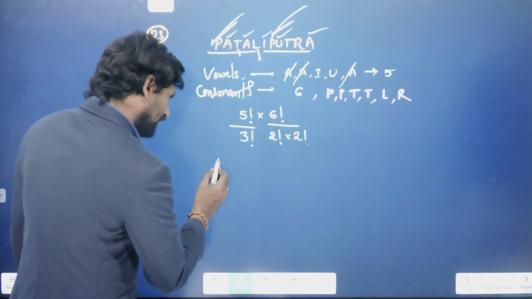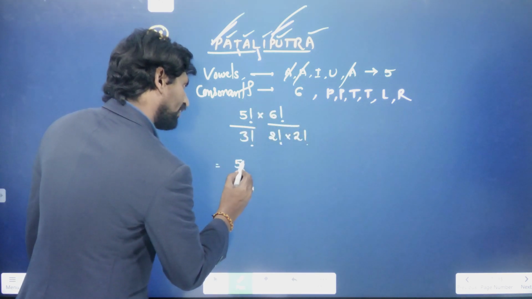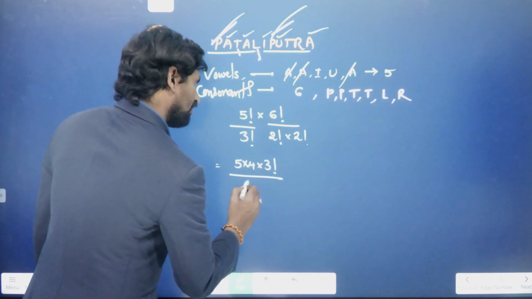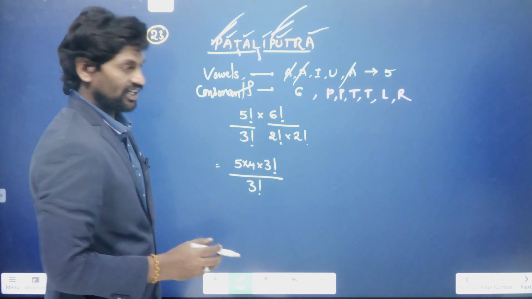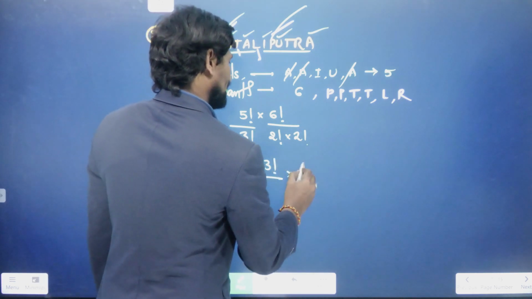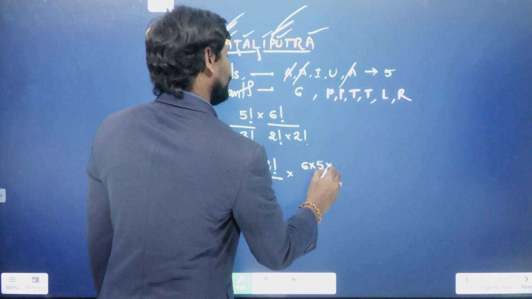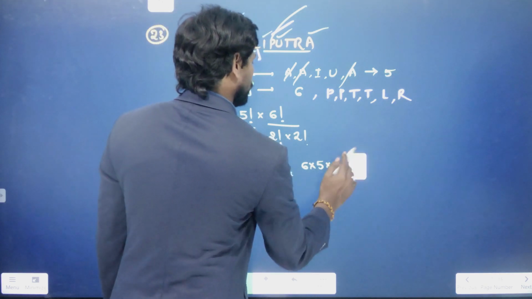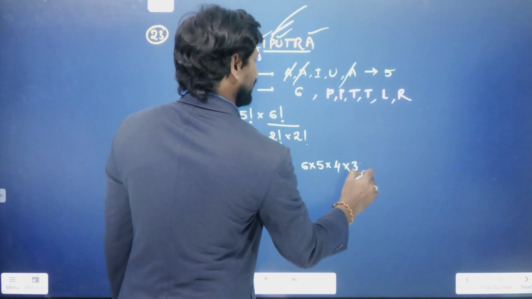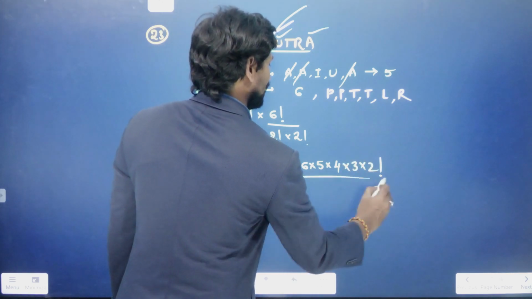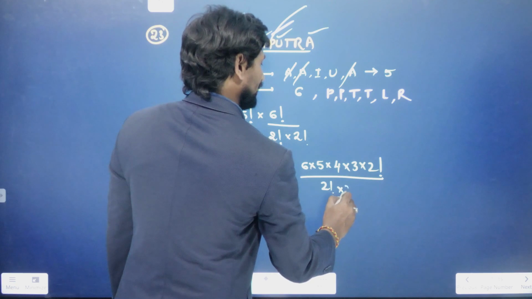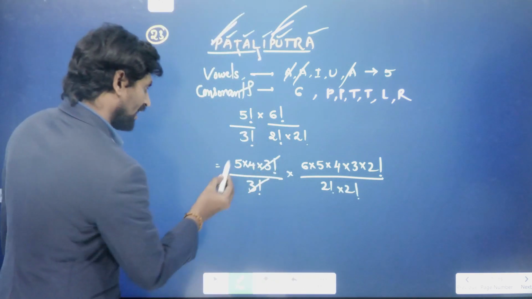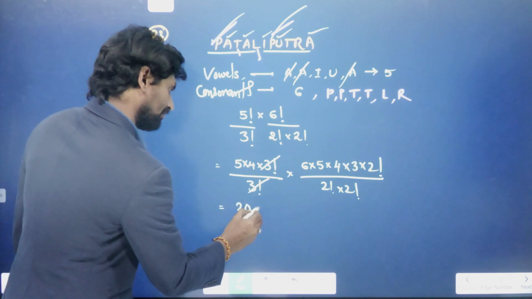Okay, so let us identify its value. 5 factorial I can write as 5 into 4 into 3 factorial by 3 factorial. Same way, 6 factorial I can write as 6 into 5 into 4 into 3 into 2 factorial by 2 factorial into 2 factorial. Numerator 3 factorial and denominator 3 factorial cancel. 5 fours are 20.